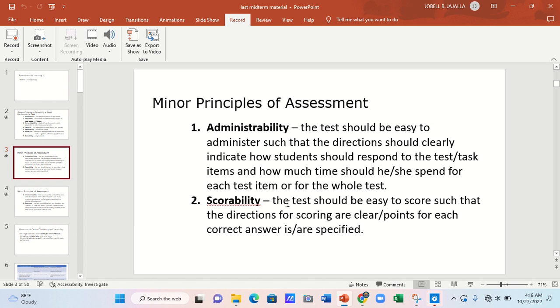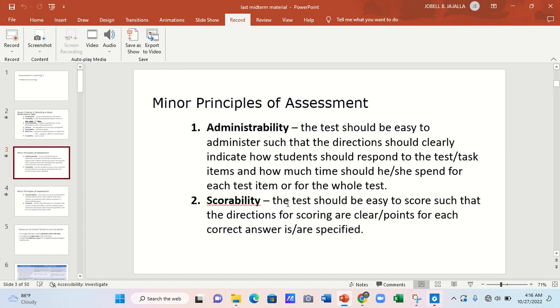If it is multiple choice, matching type, short answer or identification, you need to specify how many points each item is worth. For example, test 1 multiple choice, 1 point only; test 2 matching type, 2 points each; then test 3 identification, 3 points each. We need that so that scoring or deciding on the score for each item is easy.